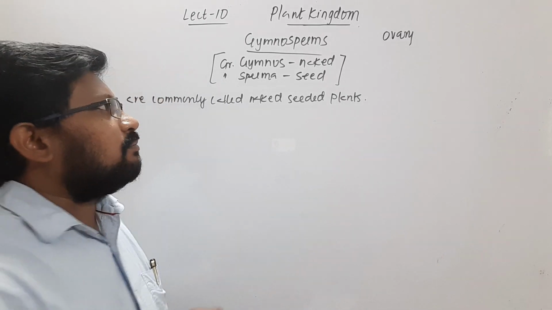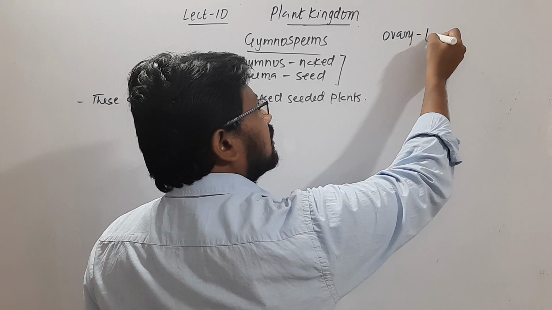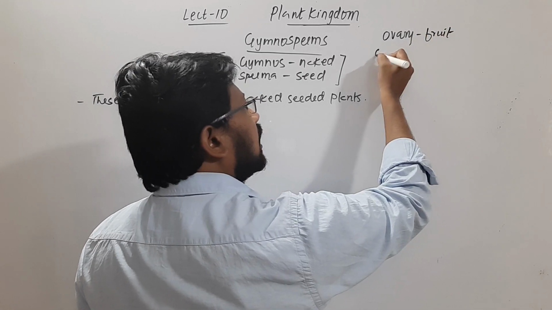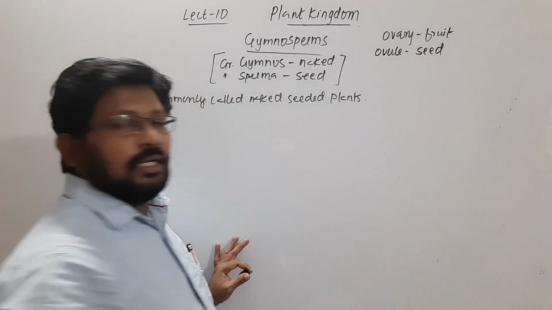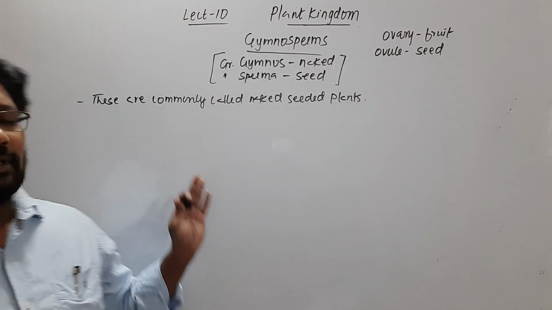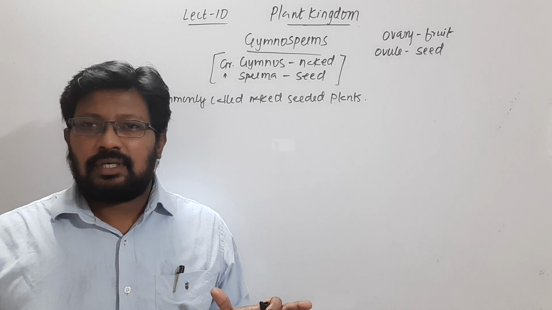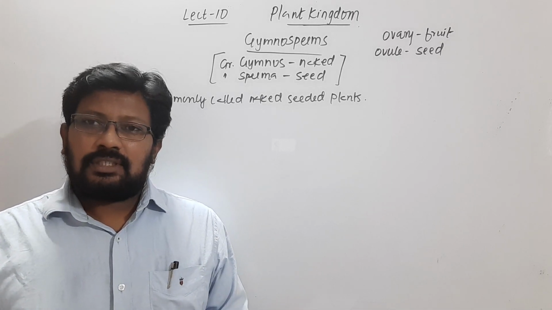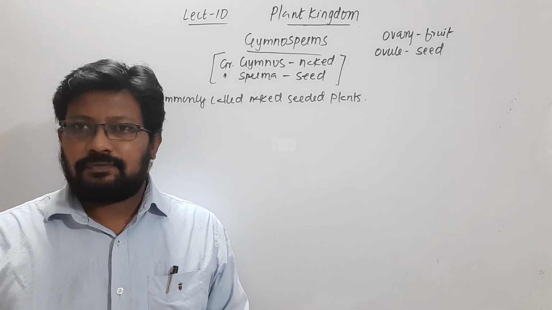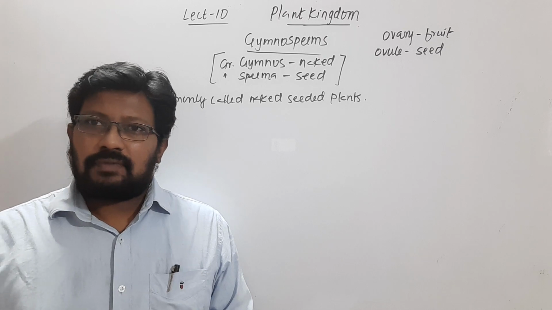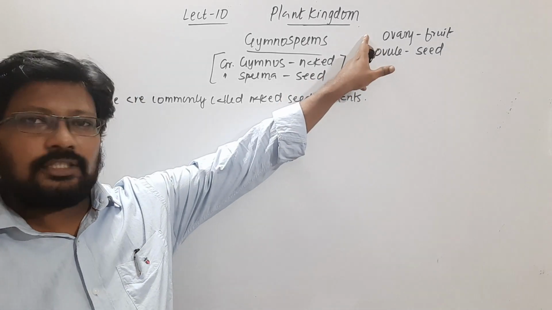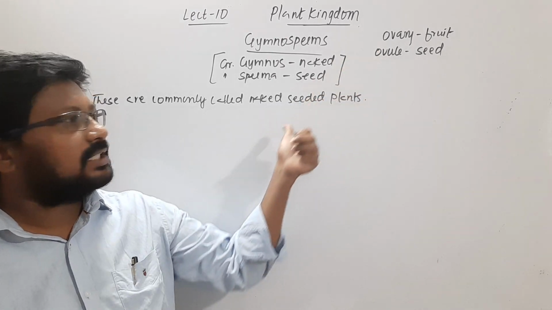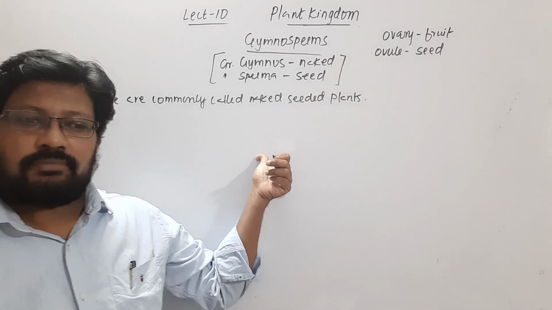In them, the ovary develops into fruit, and the ovule develops into seed. But in gymnosperms, the ovary is not present. As the ovary is not present, there will be no formation of fruit. So the ovary is not present, but the ovule is present in gymnosperms.